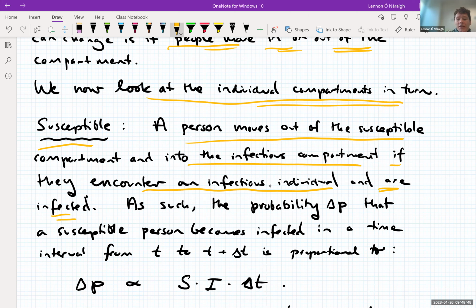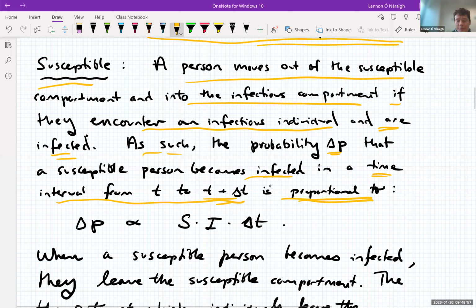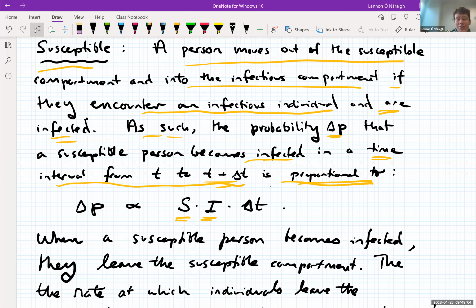So the probability then, delta P, that a susceptible person becomes infected in a time interval from T to T plus delta T will be proportional to the product of S times I. So obviously, if there are no infected people present, then the probability of being infected is 0. And similarly, if there are no susceptible people, then there's no one to catch the disease, so this probability will be 0. So the probability will be proportional to these quantities and hence to the product.